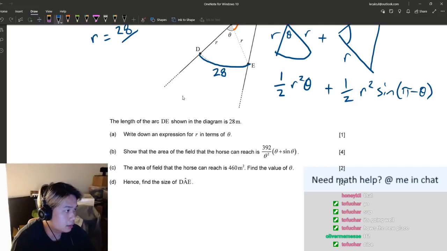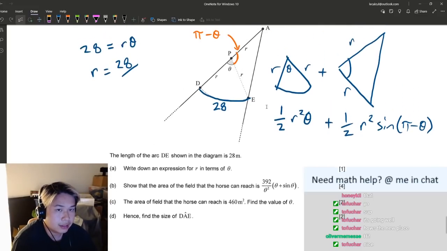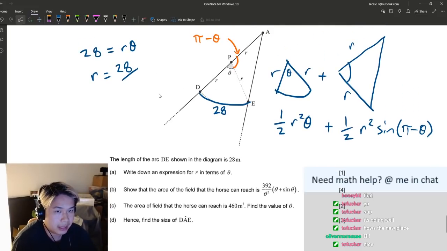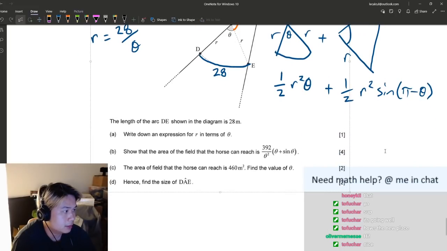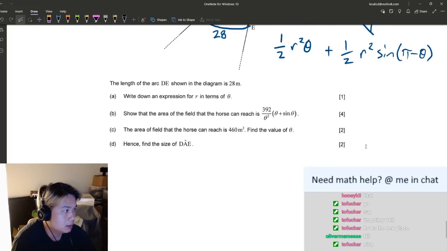Not bad, looking good so far. We're going to use our thing from part A. We're going to substitute this expression for r in here, because as you can see from the formula, there is no variable r, so everything's in terms of theta.